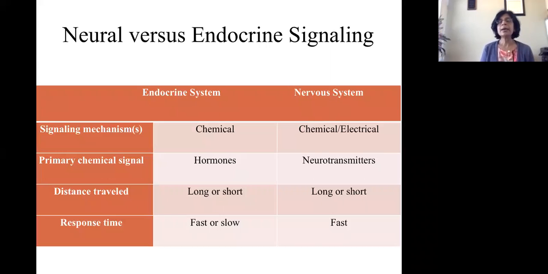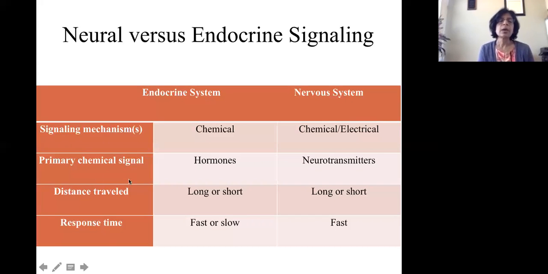Okay, now a quick comparison of the endocrine system to that of the nervous system. Both these systems are regulatory systems, controlling many functions. How are they similar, how are they different is what we really want to get out of this.